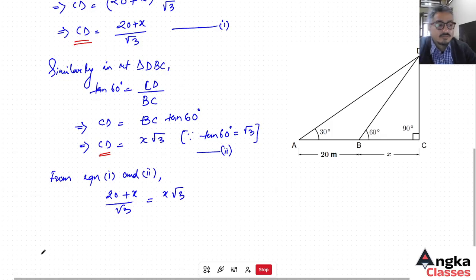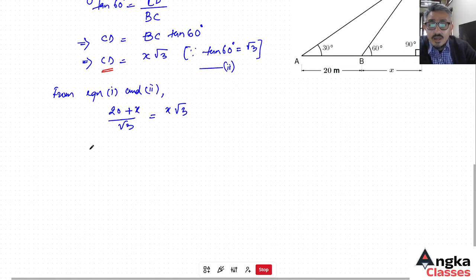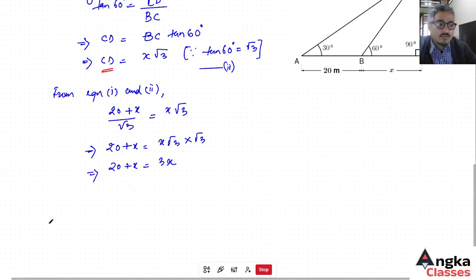Let us continue the solution. Cross multiplying, 20 plus x is equal to x root 3 into root 3, so 20 plus x is equal to 3x. So 3x minus x is equal to 20.